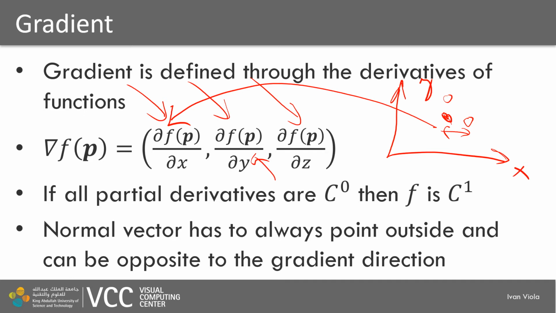The gradient is giving us a direction of which is the closest point on the surface of our implicit representation.